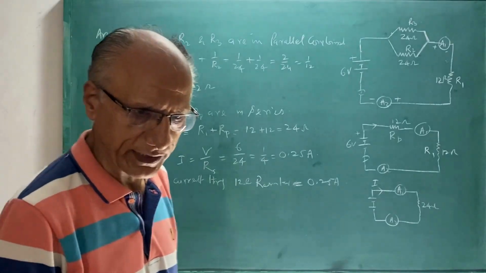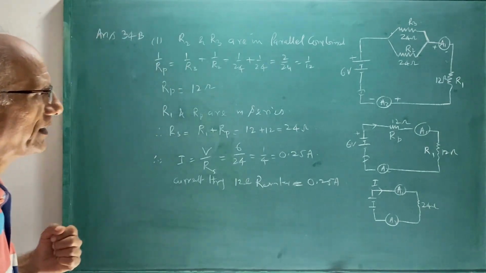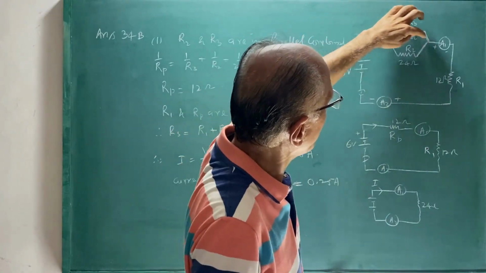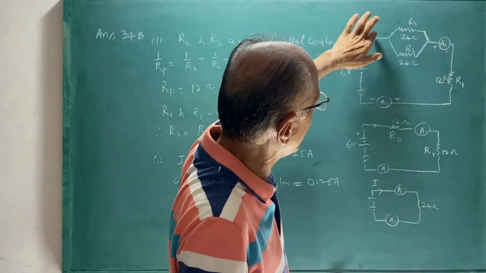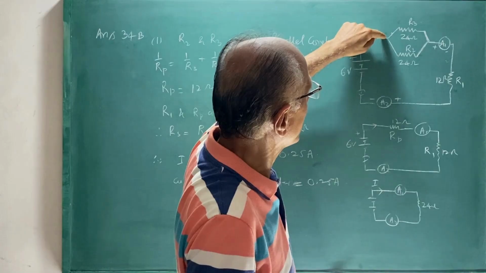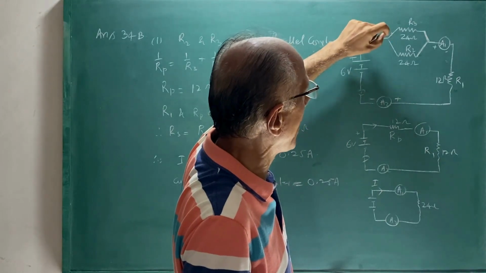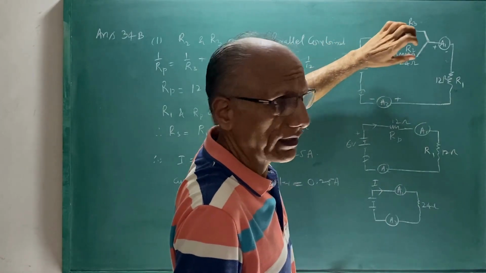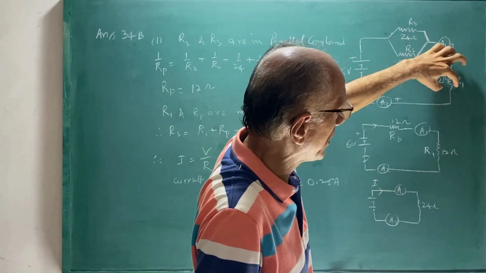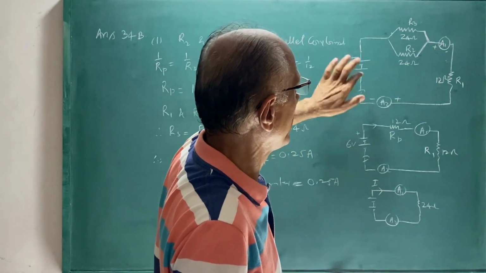And the second part is the difference in the readings of ammeter A1 and A2, if any. Now see, these ammeters A1 and A2 are connected in series. So whatever current is here, half of the 0.25 will be here and half of the 0.25 here. Why half? Because they are identical. And then they will combine. Here already we have calculated 0.25.